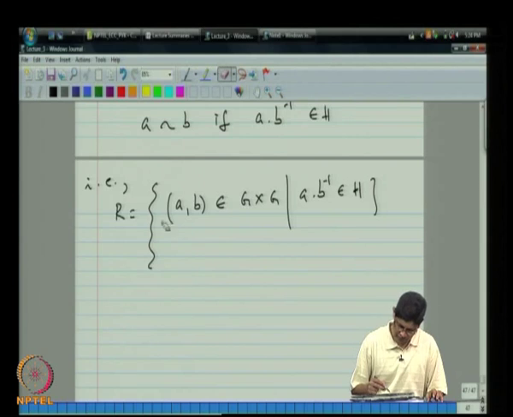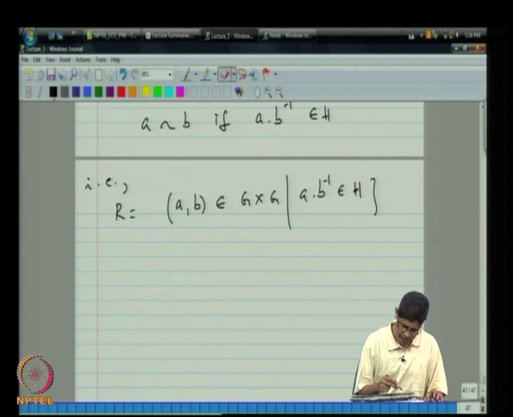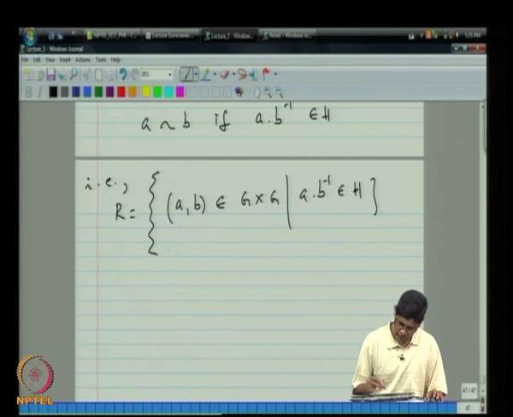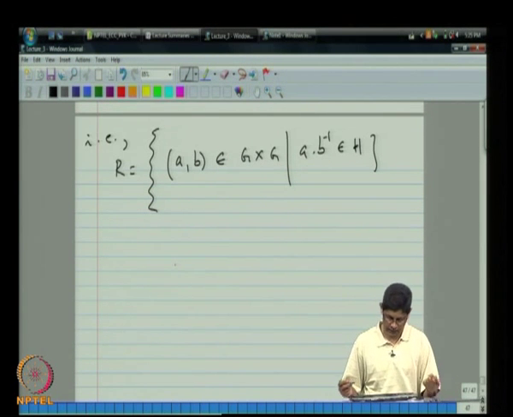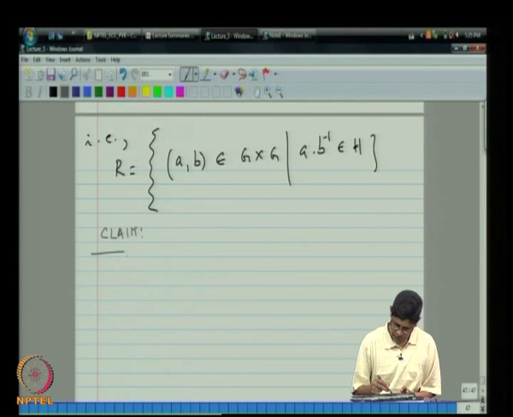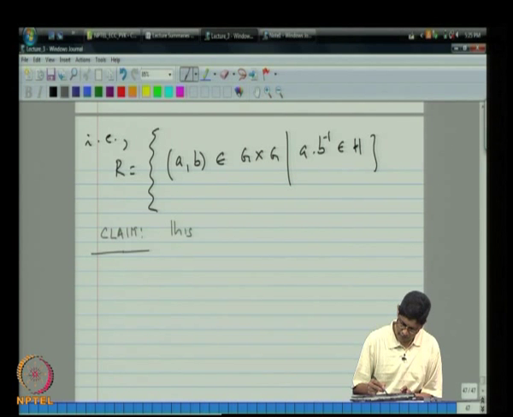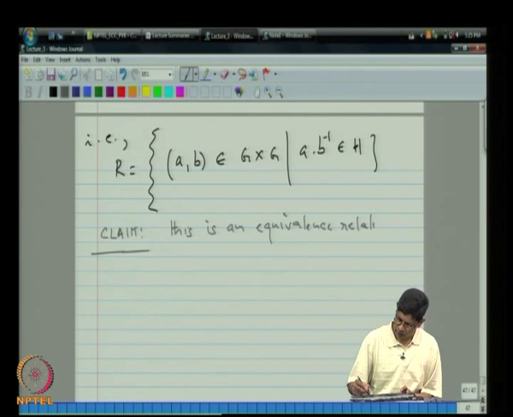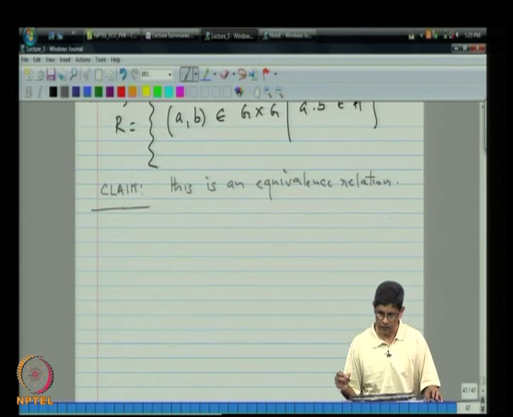Now, what I would like to convince you is that this is an equivalence relation. So, claim: this is an equivalence relation, right?